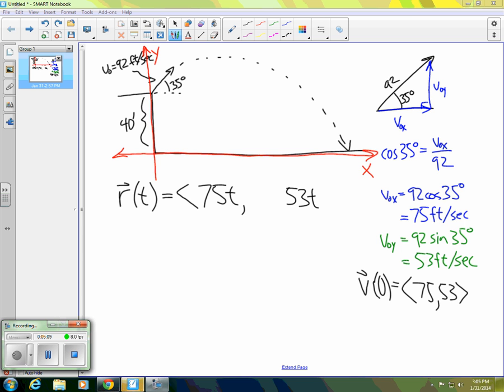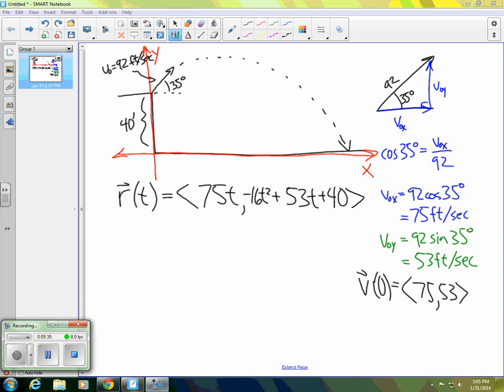Since it starts at a height of 40 feet, we need to add on 40 so that when we put in 0 for t, we get a height of 40. And then there's a negative effect due to gravity. When we're working in feet and seconds, that's always a negative 16t squared. So this is what our position vector looks like at any time.